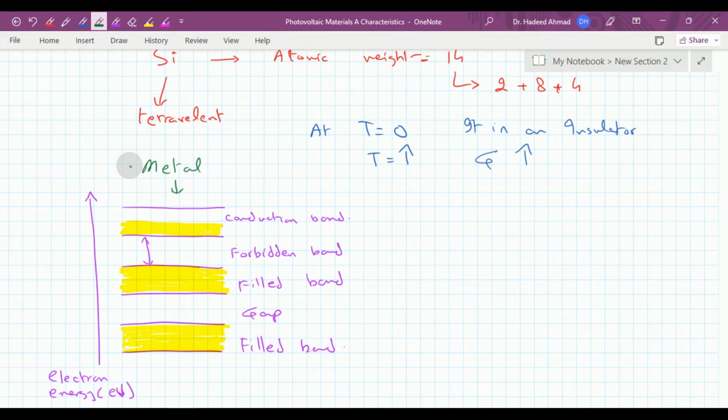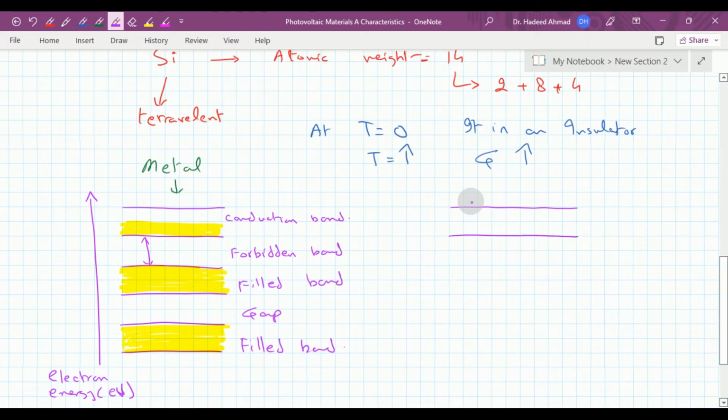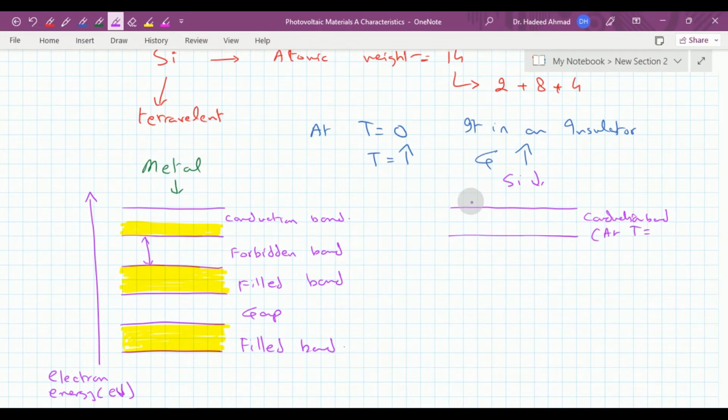Whereas if I draw the same diagram for a semiconductor, in a semiconductor the conduction band is entirely empty at T equal to 0. For instance, for silicon, this conduction band is entirely empty at T equal to 0 Kelvin. Thereafter, we have some Eg, which is the forbidden band.